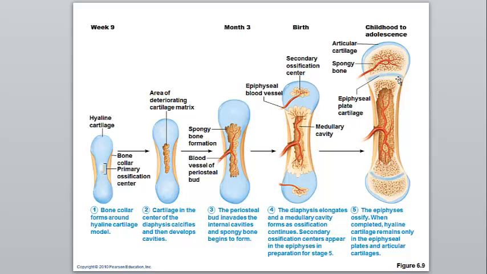As an individual reaches adult size, this epiphyseal plate closes, meaning the bone catches up with the cartilage and calcifies this area, and the cartilage is no longer present. That means the bone has reached its adult length and you stop growing.